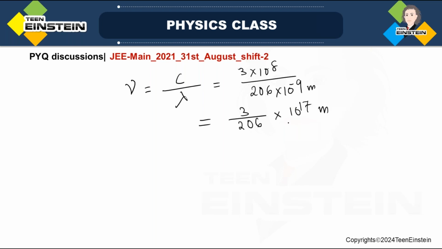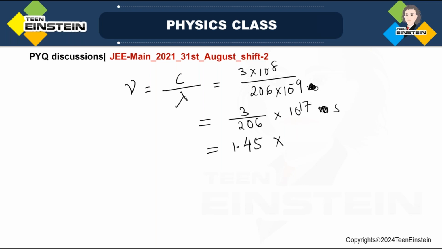Ultimately we'll get 1.45 into 10 to the power 15, per second.